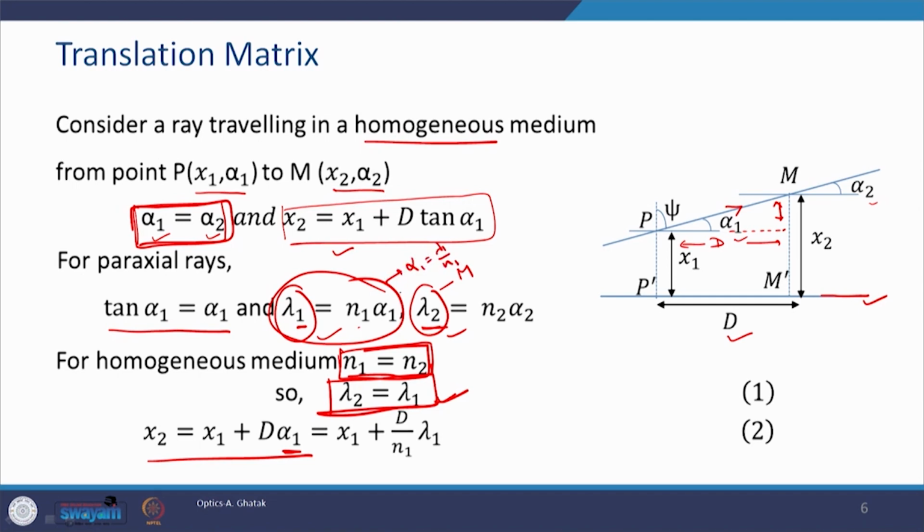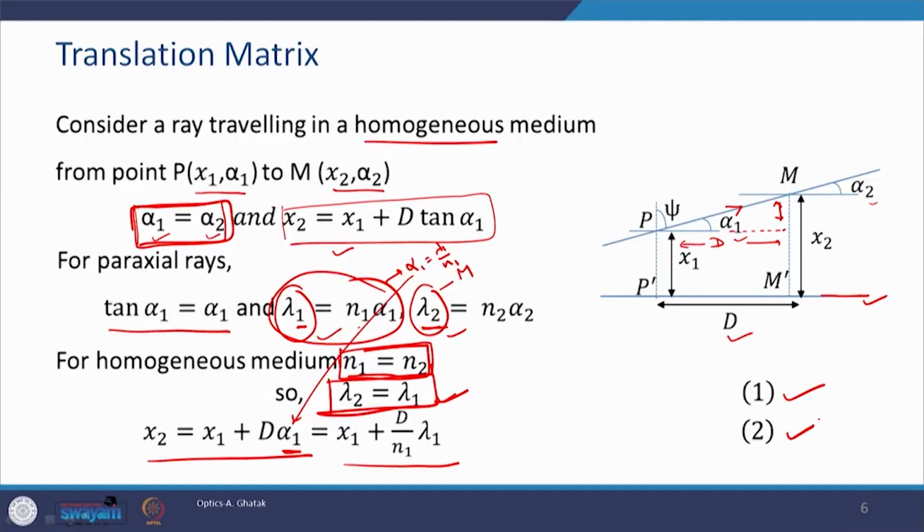You substitute this expression of alpha 1 from here to here, then you get x2 is equal to x1 plus d by n1 into lambda 1. These are the two relations which we got: equation number 1 is lambda 2 is equal to lambda 1, and equation number 2 is x2 is equal to x1 plus capital D by n1 into lambda 1.